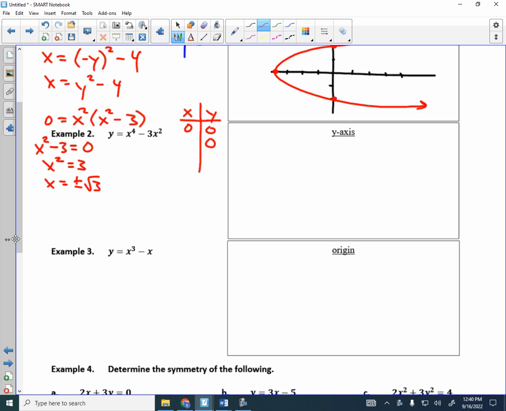See that? So positive root of 3 and negative root of 3. Yeah, the decimal of the square root of 3 is 1.73. You've all memorized that. Good job.